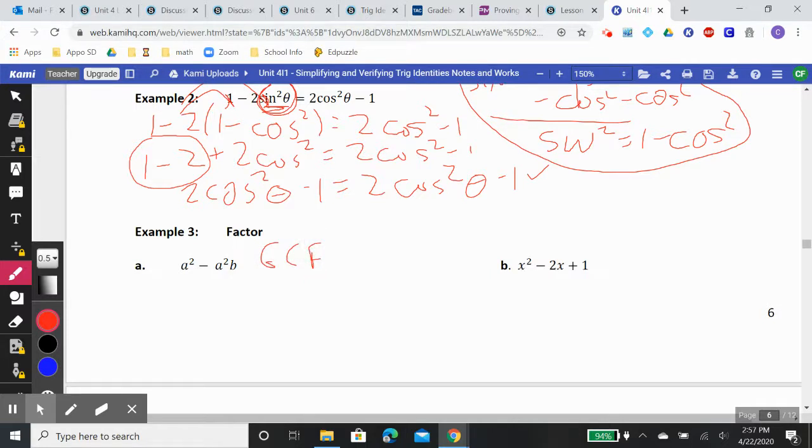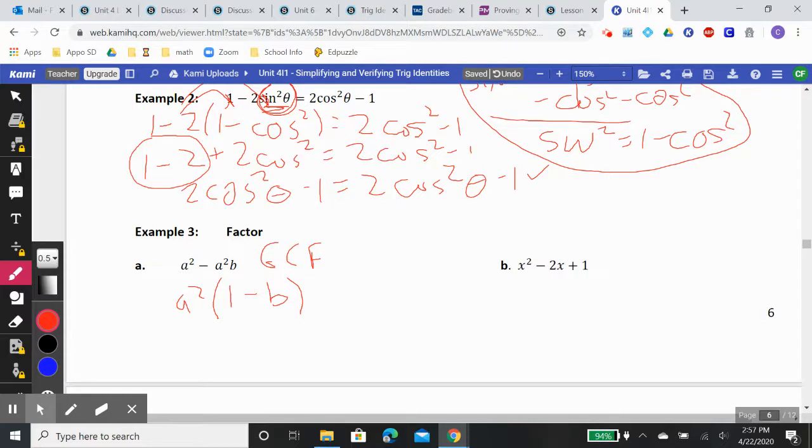Is there a greatest common factor that I can factor out of both terms? Yes, I can factor out an a squared. If I factor a squared out of itself, I'm left with 1, and if I factor a squared out of a squared b, I'm just left with b. This is not the trig part where you'd say I can't have that answer; we're just factoring. And these factoring rules are going to be used in some of our other problems.